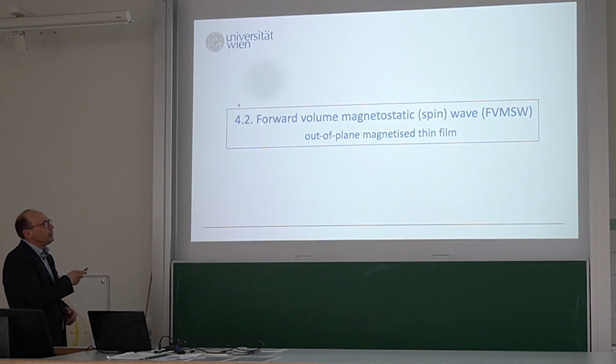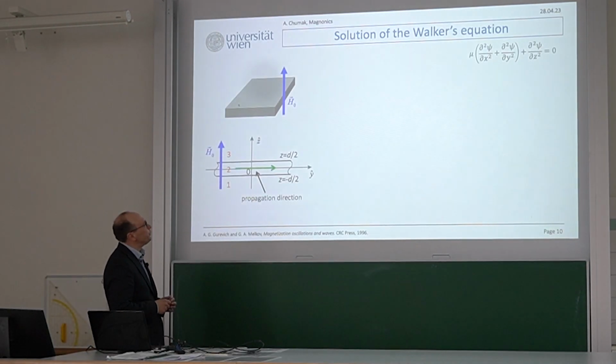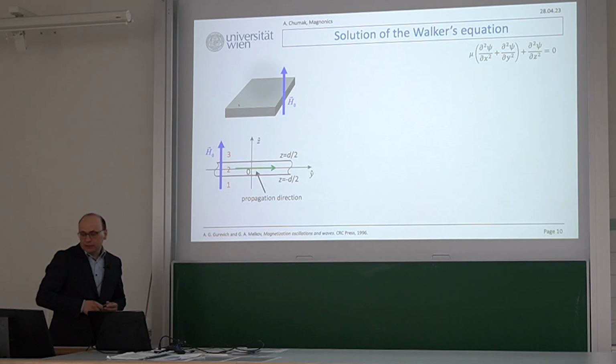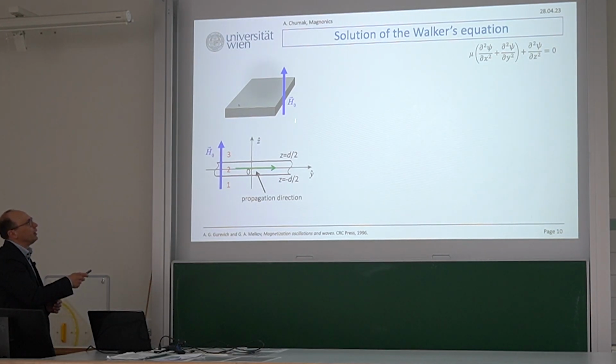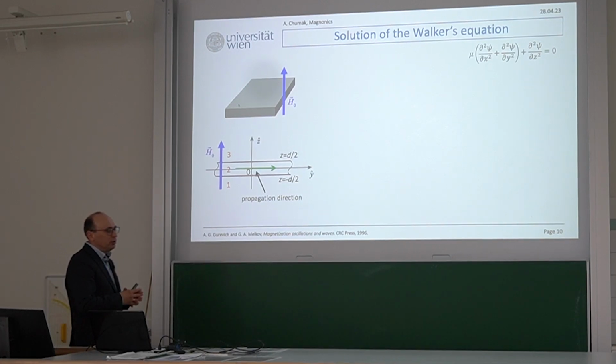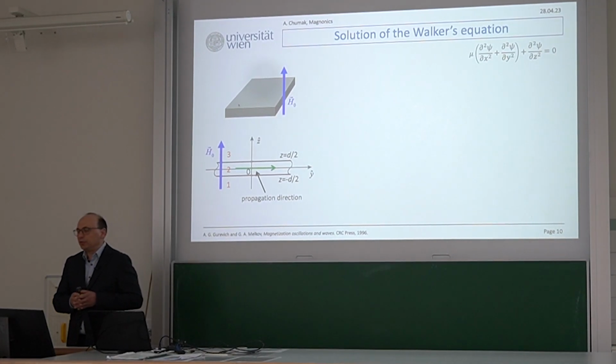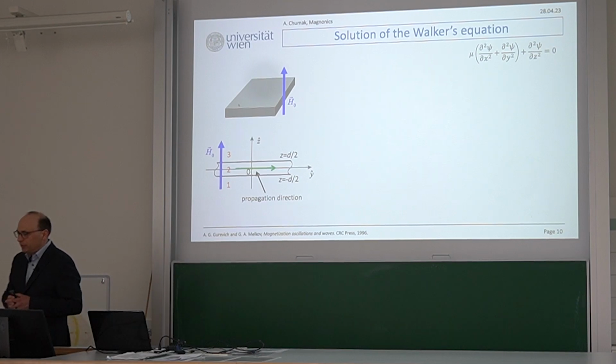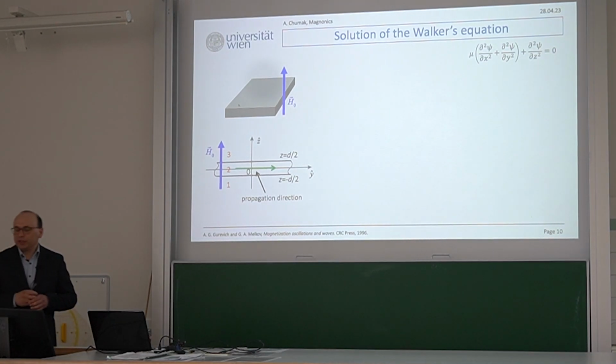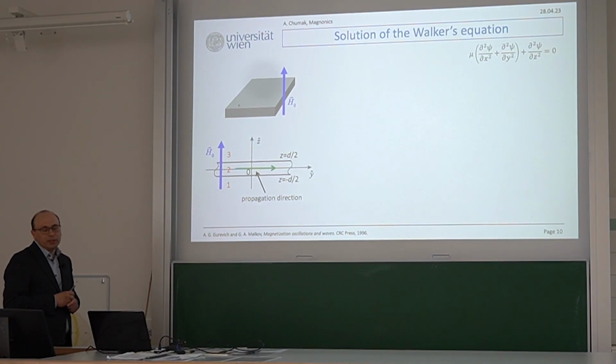And forward volume is a magnetostatic wave which propagates in the out-of-plane magnetized thin film. That's our thin film, and here is a sketch, because now we will have to solve equations. What we are going to do now is very similar to what you did already in quantum mechanics when you described an electron in a potential well. A very similar approach.